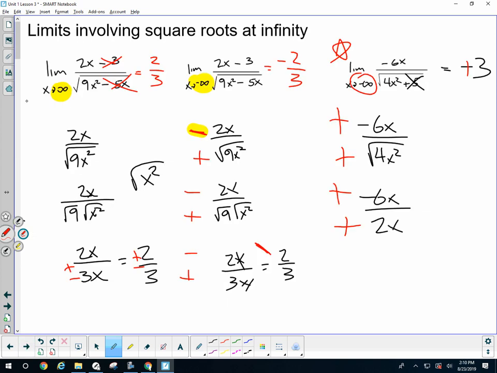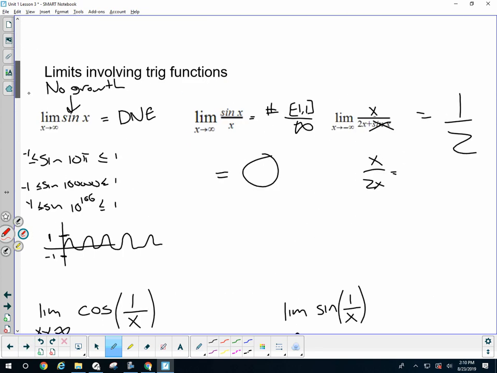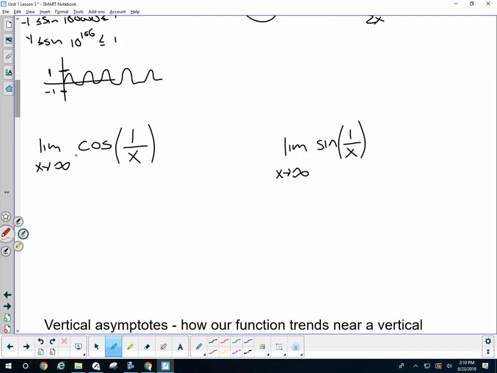Okay, so let's look at these two. This is a little bit different. Sine x isn't in it, like x is here. I challenge you to figure this out by yourself and tell me what the answer is. If you get the answer, shout it out, and I'll tell you if you're right or wrong. And I will say, good job if you got it right.